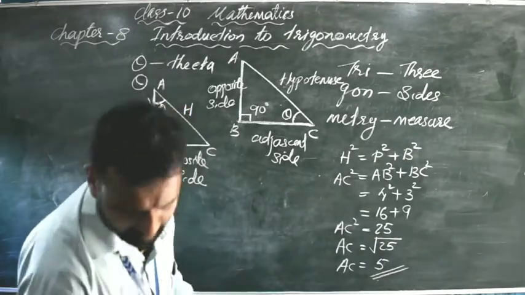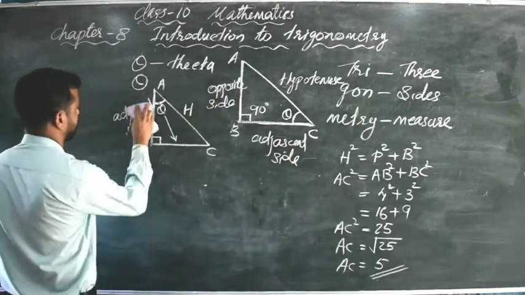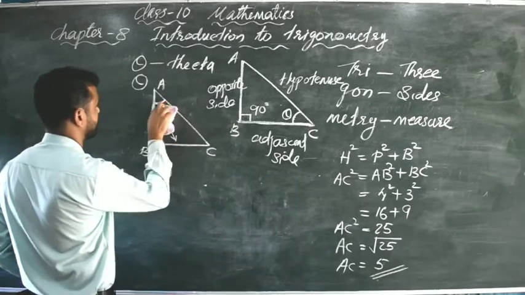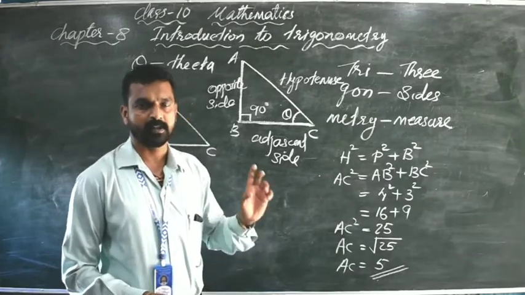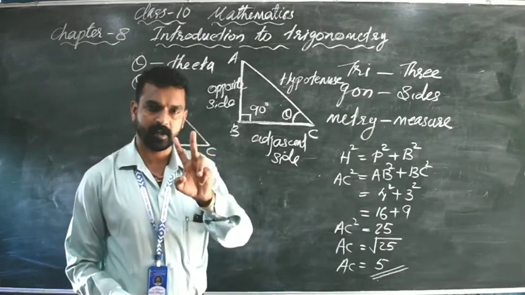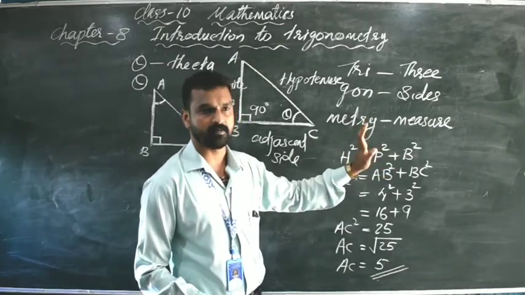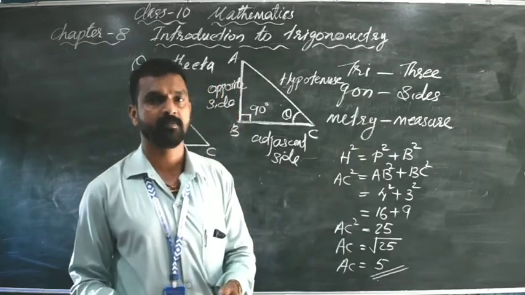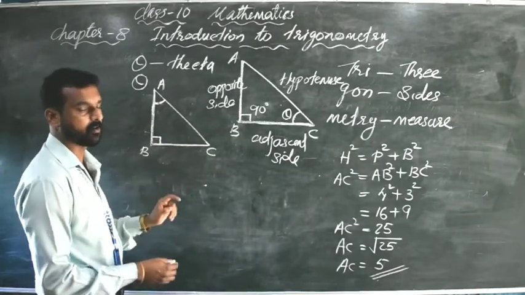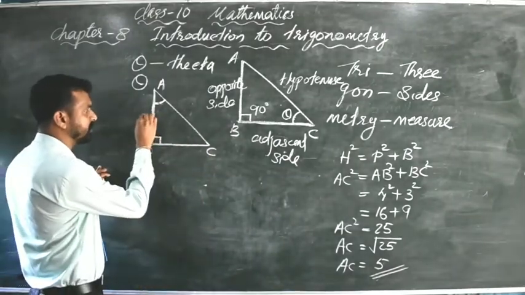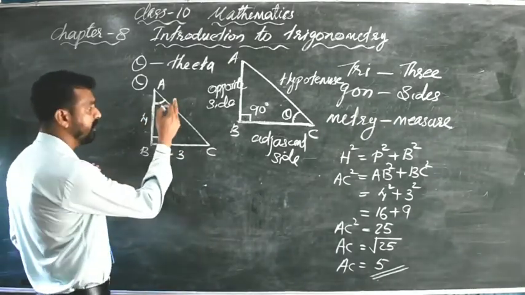Now you see, in the Pythagoras theorem, if we know two sides of a right angle triangle, then we can find the third side.